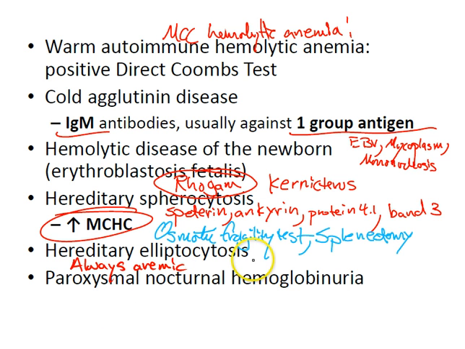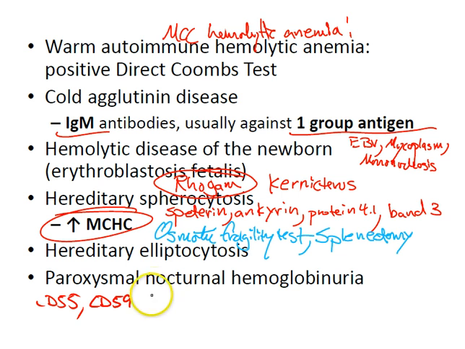And paroxysmal nocturnal hemoglobinuria. This is a spontaneous de novo somatic mutation of the GPI anchor protein for CD55 and CD59. Those are both attachment proteins.